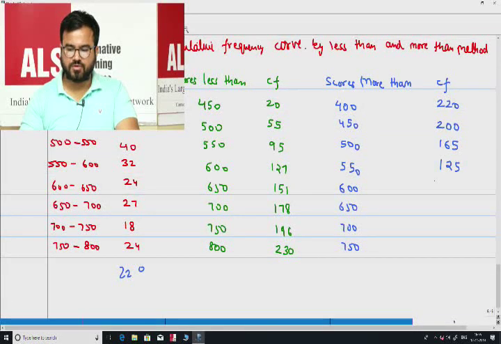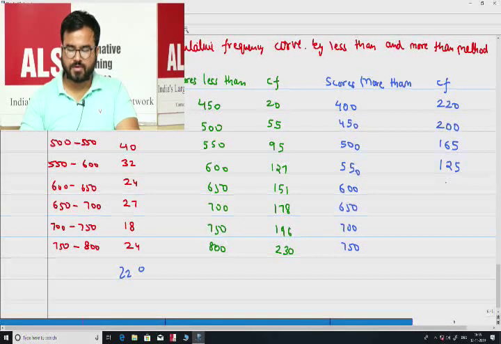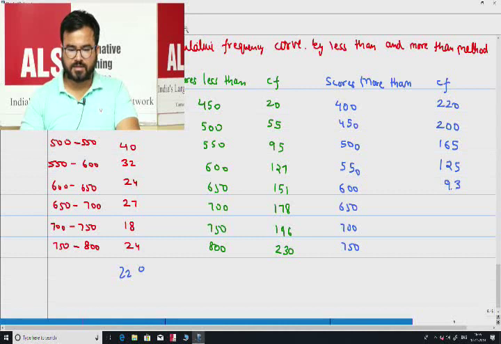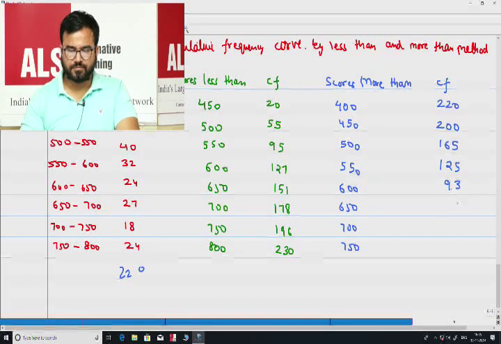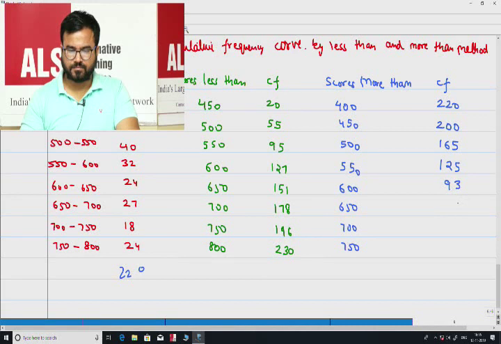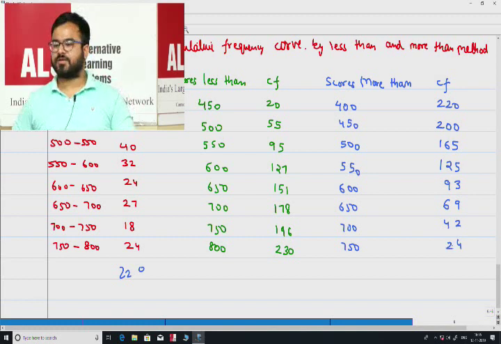Then subtracting 32, that would be 93, then subtracting 24, the 69, and subtracting then 27, subtracting then 18, that will be the value for the cumulative frequency.